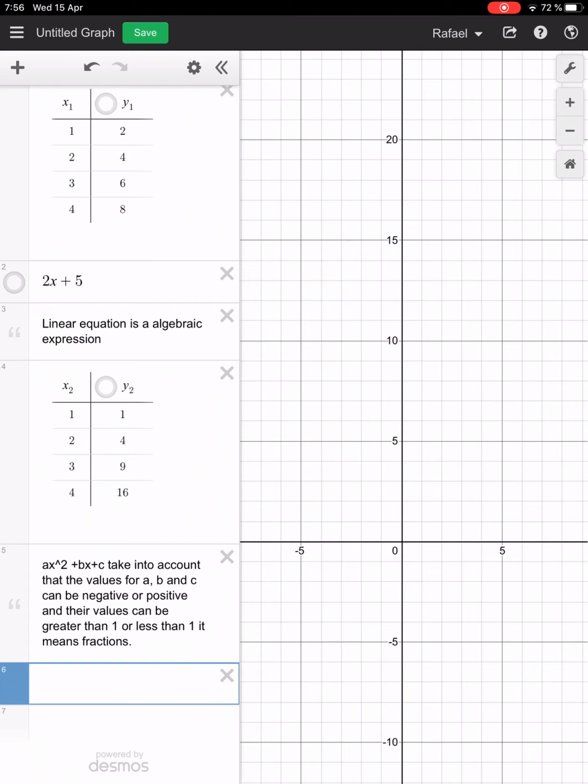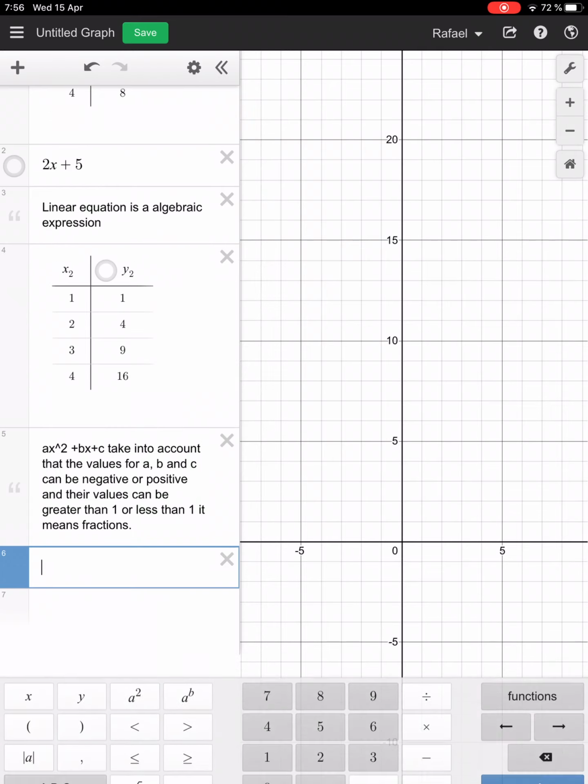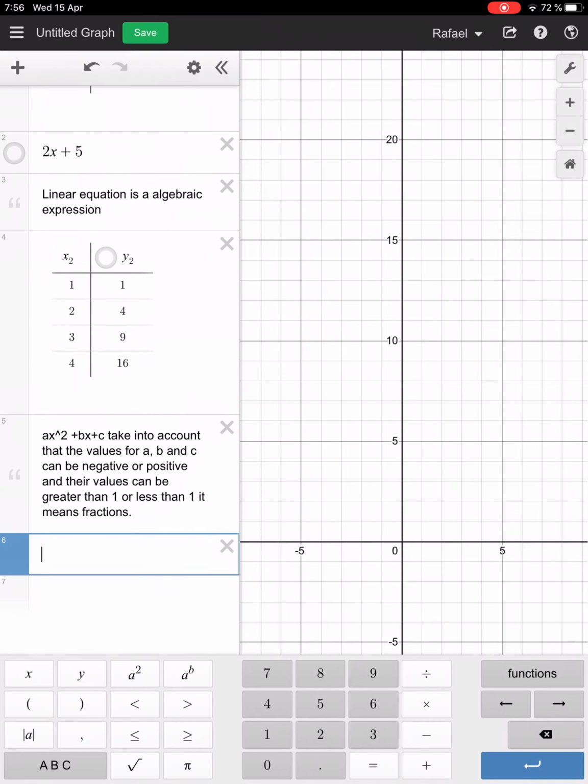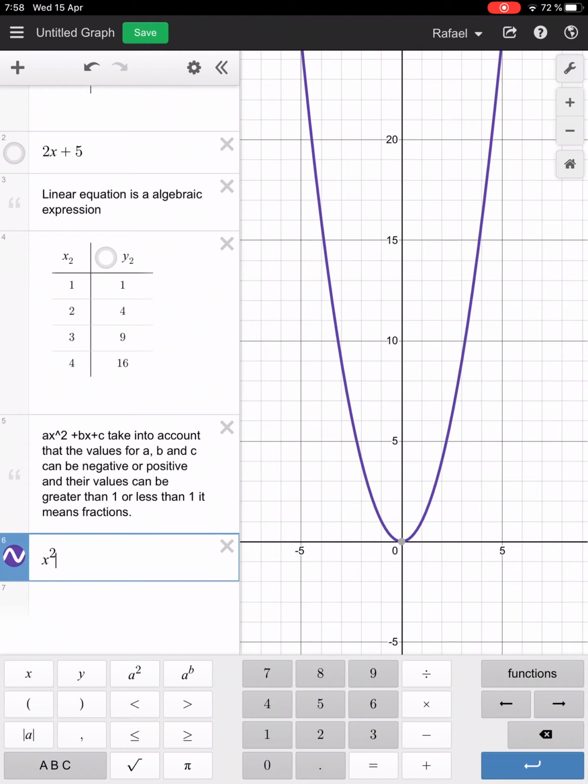Right now, I'm going to do a little example, x squared, when the value for a is 1. If you see, the graph is a simple curve. In the simple curve, we don't have any change. The curve is not moving anywhere, because actually we have a simple expression that is x squared.